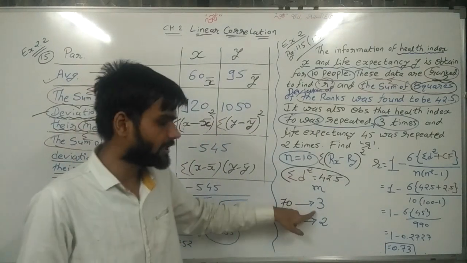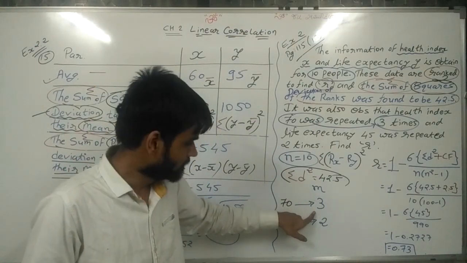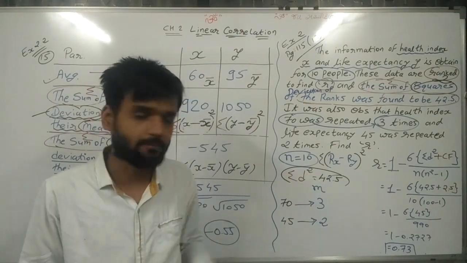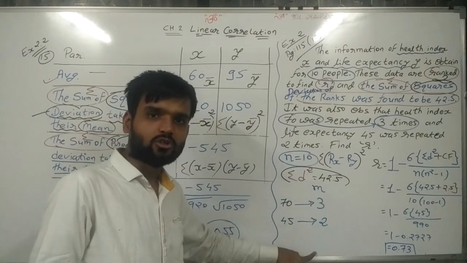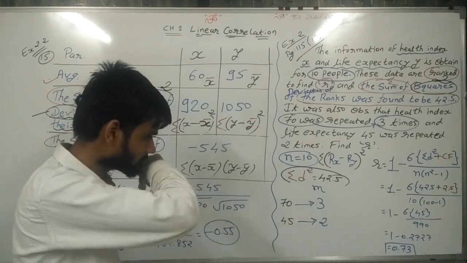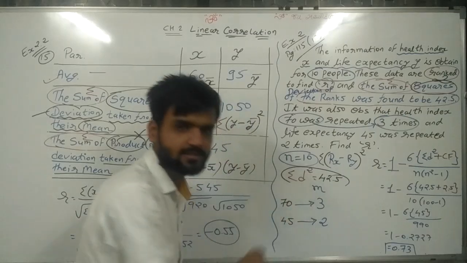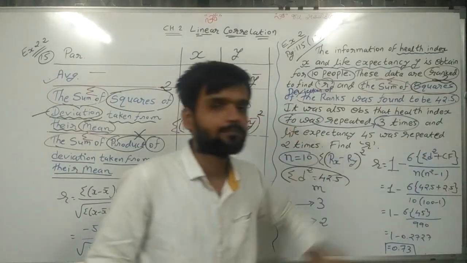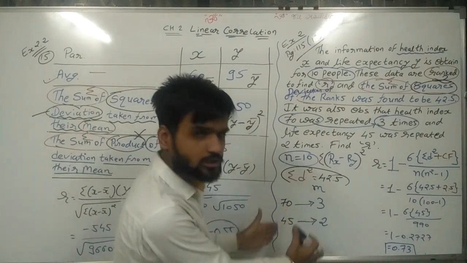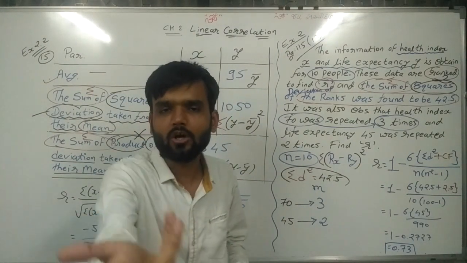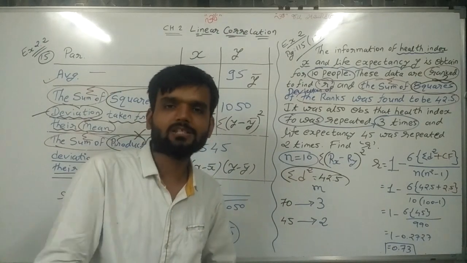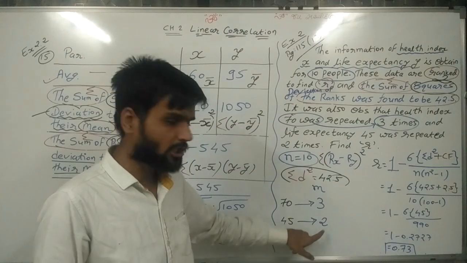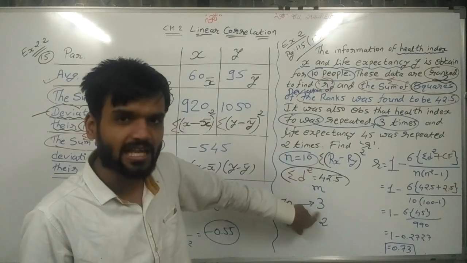So 70 repeated 3 times, 45 repeated 2 times. It means M is equal to 3 and 2. This is very important to find CF, because whenever values are repeating, CF is there. If there is no repetition, then there is no CF.